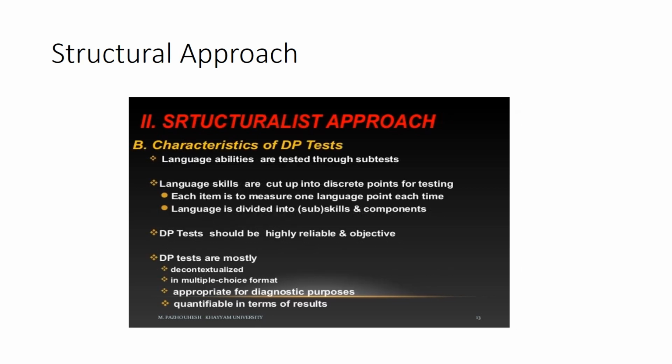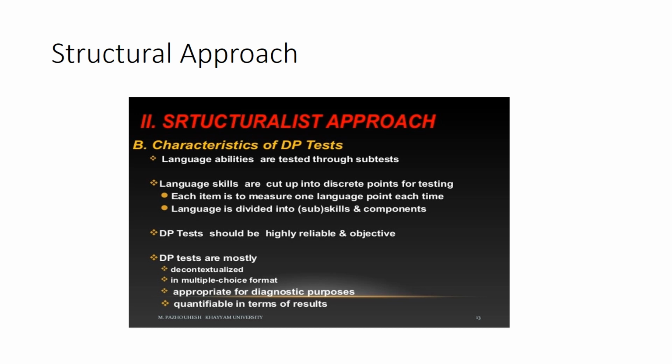So, what are the characteristics of the discrete point test? Language abilities are tested through subtests. What does it mean, subtest? That your test is going to consist of questions, and each question is going to check the knowledge of your students in a certain component or a certain skill in language.